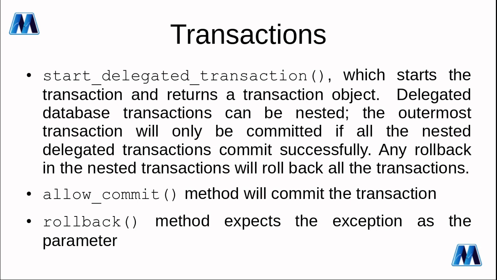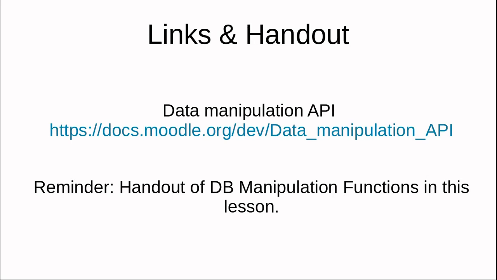Any rollback in nested transactions will roll back all the transactions. And then you allow commit to happen, or roll back if you expect to roll back the transaction. And there we have a link worth having a read through. And again, a reminder that there's a handout for the manipulation functions or methods in this lesson.